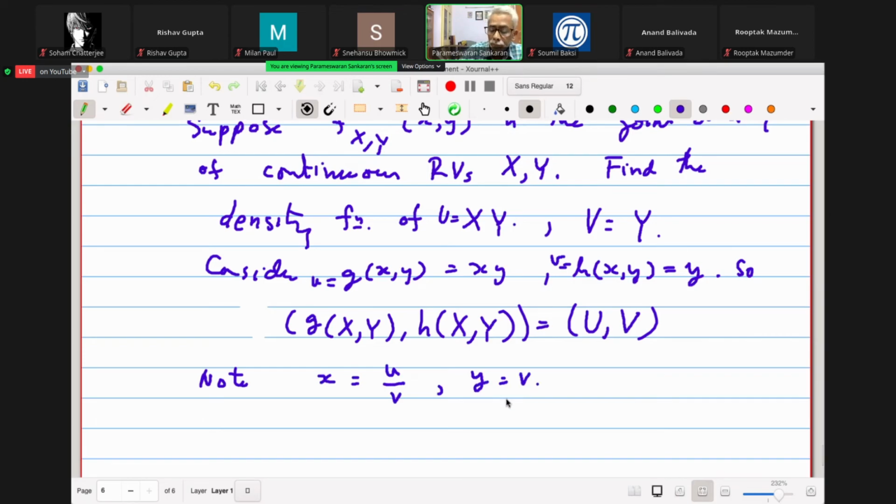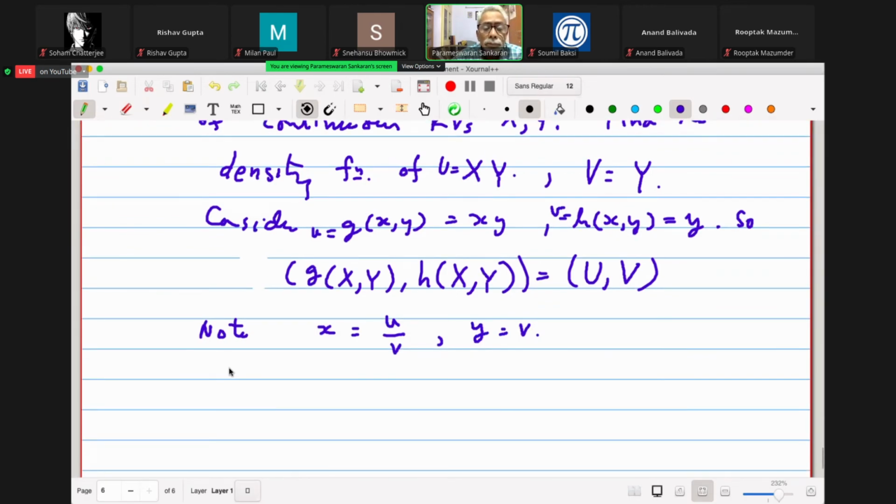Therefore, the Jacobian of x comma y thought of as a function of u comma v. So I have to do these partials. With respect to u, I get 1 by v. And with respect to v, I get minus u by v square.